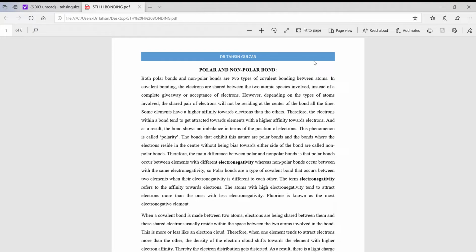Now today I have to tell you about hydrogen bonding. When hydrogen is bonded to the most electronegative element, hydrogen bonding is observed. It is of two types.